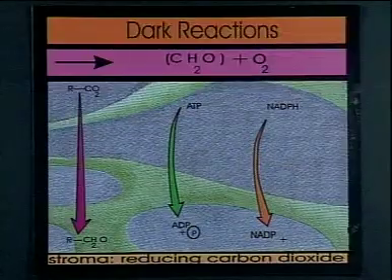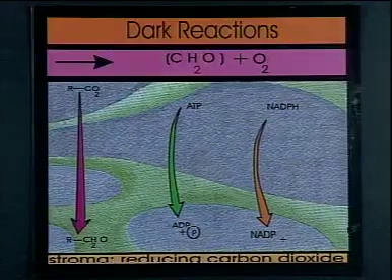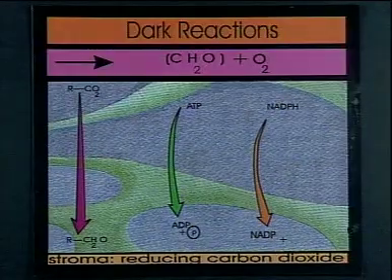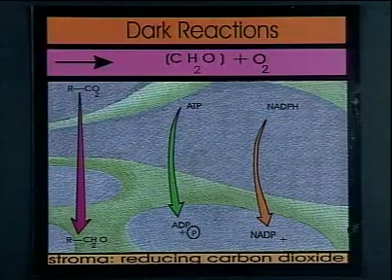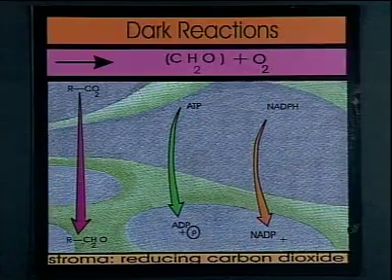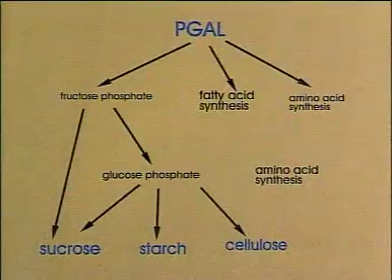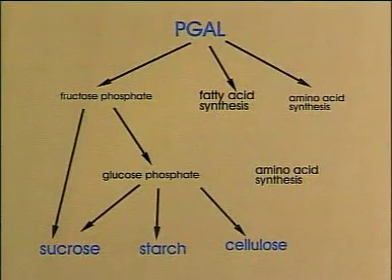The second phase takes place in the stroma and is known as the dark reaction, where this chemical energy is used to fix and reduce carbon dioxide to form a 3-carbon molecule, PGAL, which is then used to make sugar and other food substances.